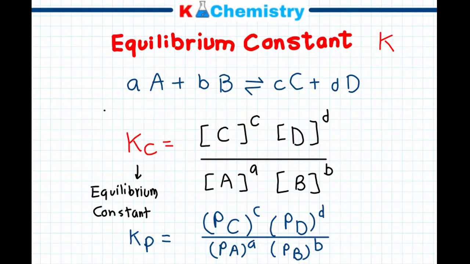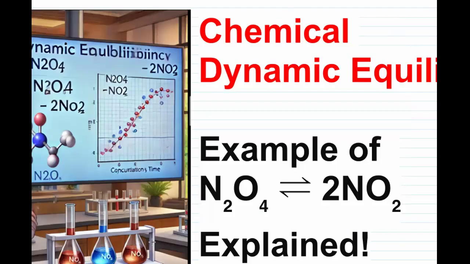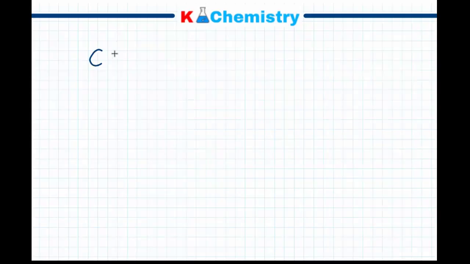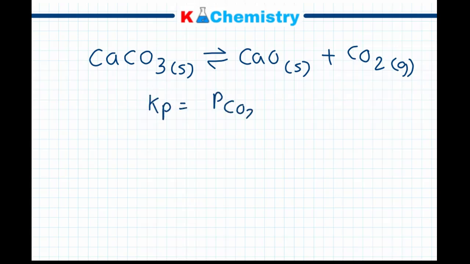But for example, if you have calcium carbonate solid that forms calcium oxide solid plus carbon dioxide gas, the only thing that you will write in your Kp equation is the pressure of the carbon dioxide gas.